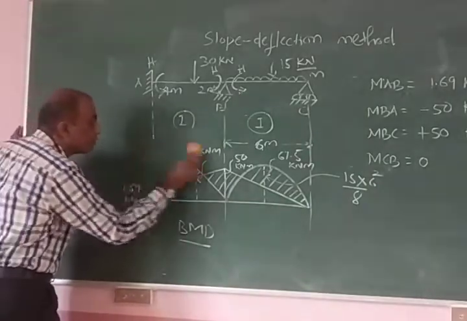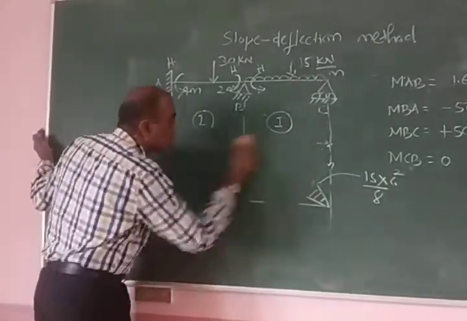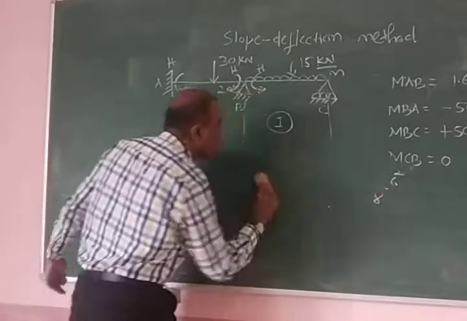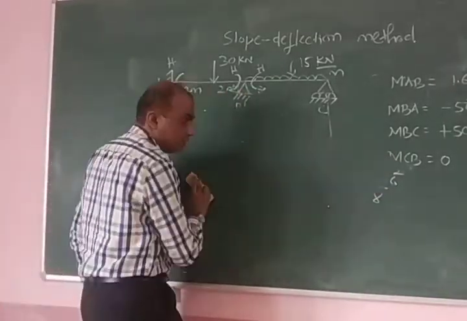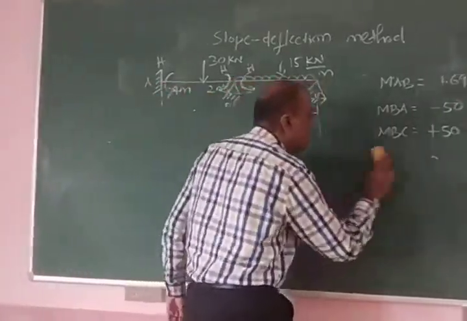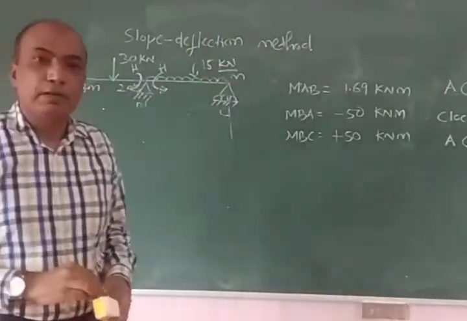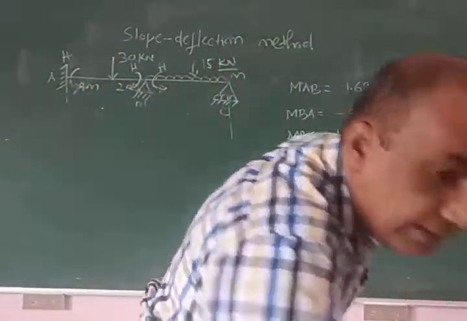Now having done this, let us draw the shear force diagram. How to draw the shear force diagram? My dear students, you know that to draw the shear force diagram, you need reactions. So let us first find out the reactions. There is a technique for finding the reactions.